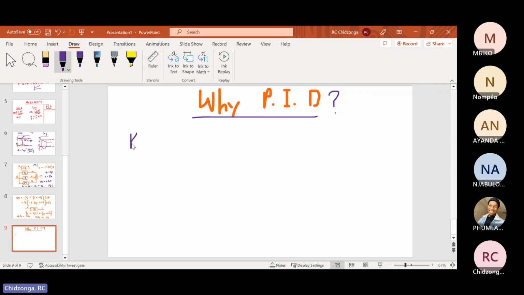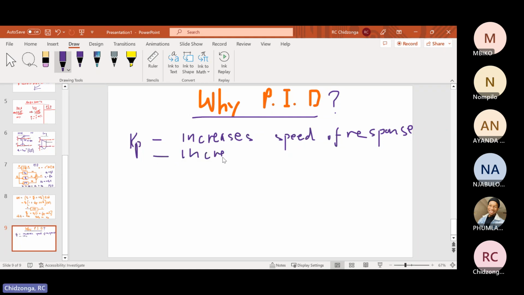The Kp is used to increase the speed of response. It increases the bandwidth. If you are talking in frequency terms, increases omega BW.